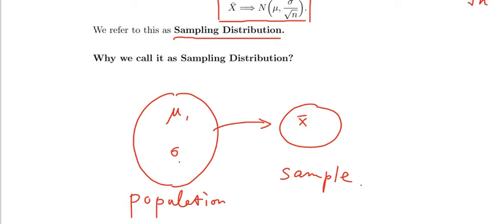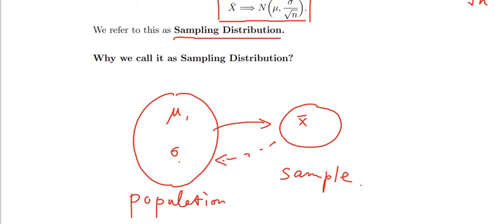So we use the sample information to check the population's information. We go from sample to population.